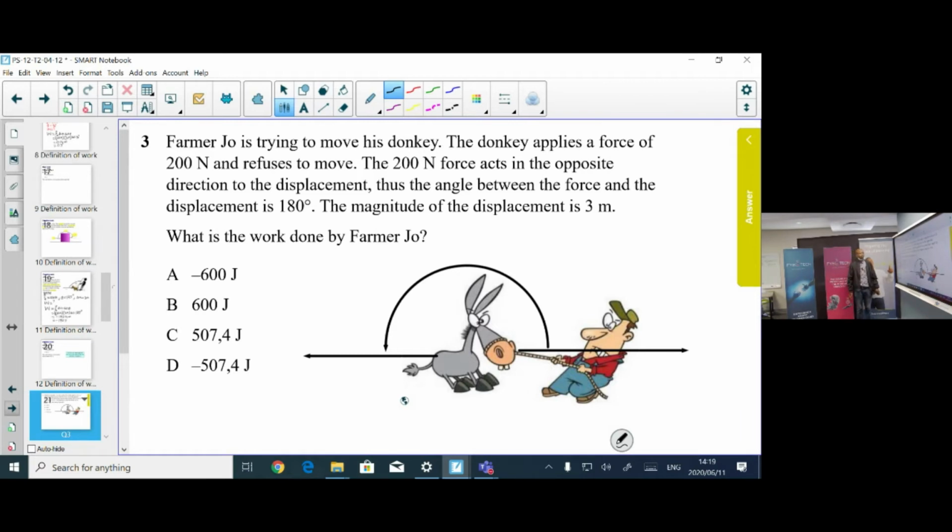The 200 Newton force acts in the opposite direction to the displacement. Thus, the angle between the force and the displacement is 180 degrees. The magnitude of the displacement is 3 meters. Okay, calculate what is the work done by the farmer. In other words, you have to calculate the work done.